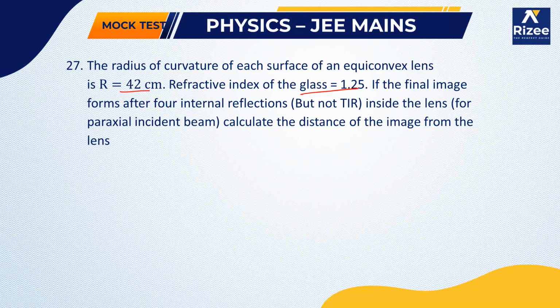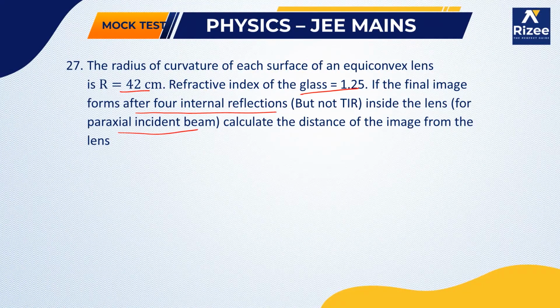The final image forms after 4 internal reflections inside the lens for a parallel paraxial incident beam. That means we can consider that the rays are coming from a long distance. Calculate the distance of the image from the lens. So what will be this particular distance of the image from the lens here?